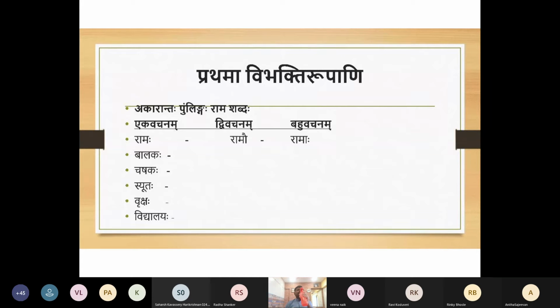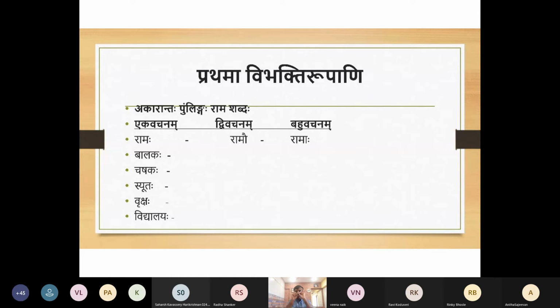Two prasads are drinking water. The Kriyapadam will track the Kartrupadam I explained to you. Prasadaha Jalam Pibanti. The subject itself is the Prathama Vibhakti.